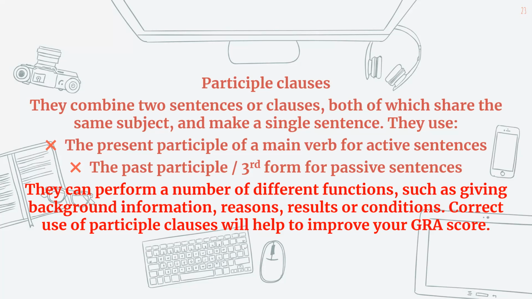They can perform a number of different functions, such as giving background information, reasons, results, or conditions. And of course, if you use them correctly, they will help you improve your grammatical range and accuracy score. So let's talk about that for a bit.